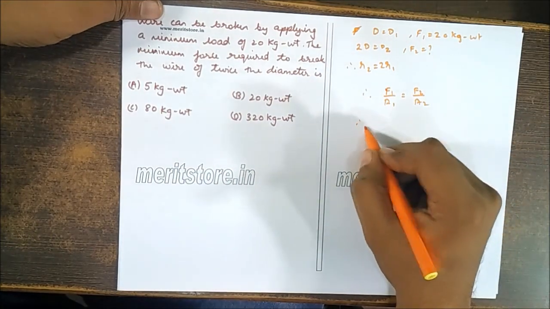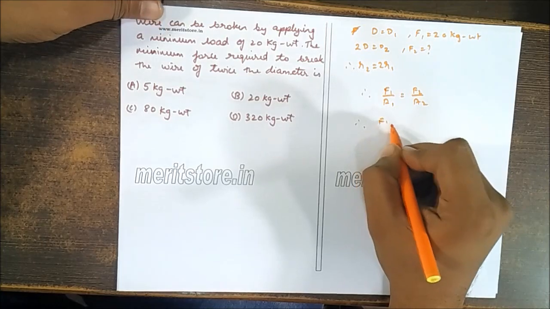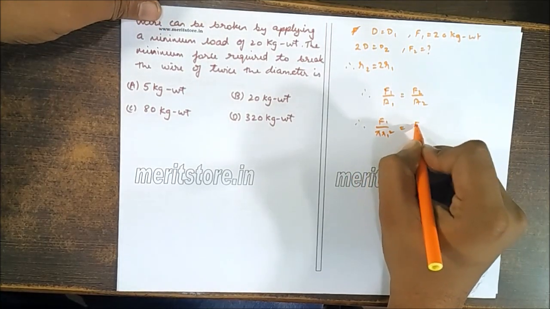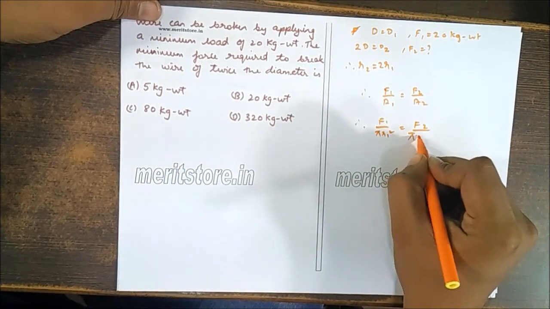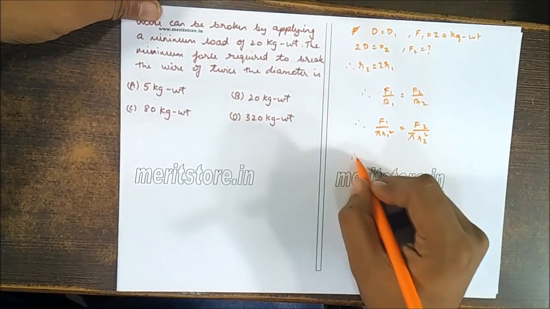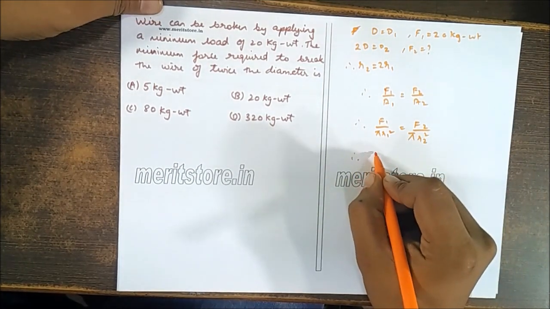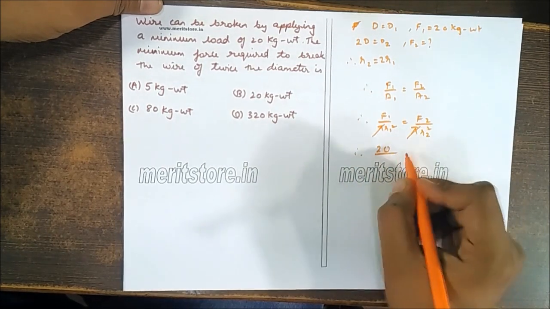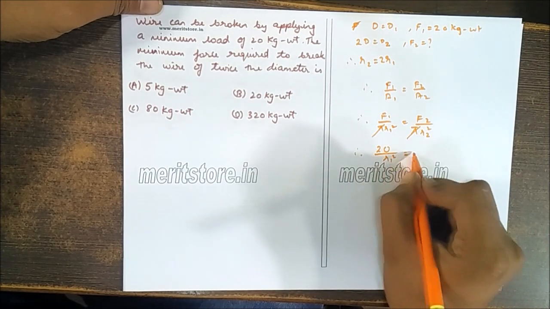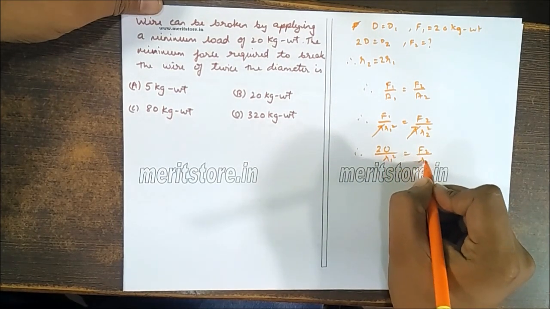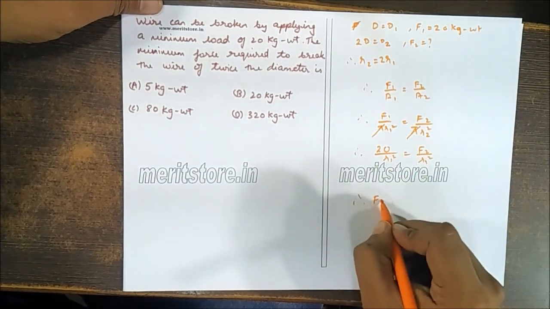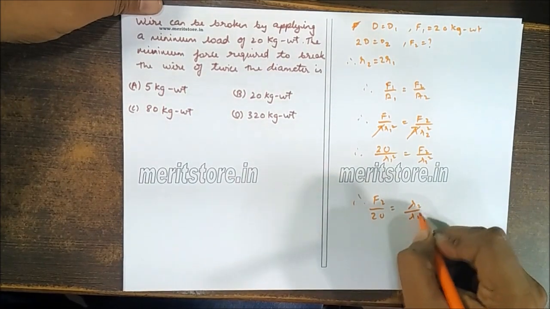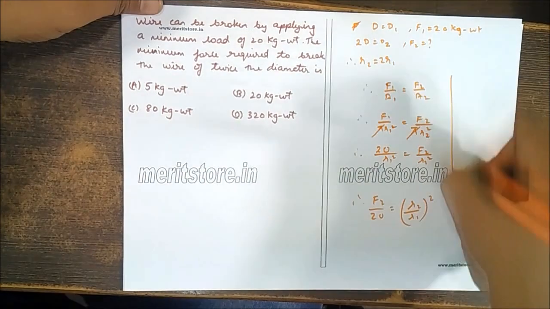So therefore F1 upon pi R1 square is equals to F2 upon pi R2 square. So therefore F1 is 20, pi and pi will get cancelled. 20 upon R1 square is equals to F2 upon R2 square. So therefore F2 upon 20 is equals to R2 by R1 the whole square.